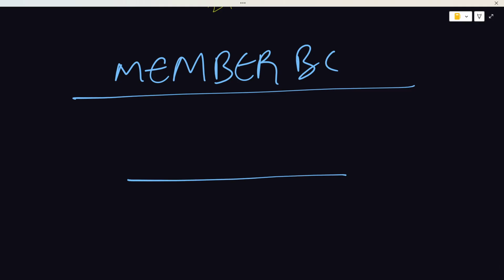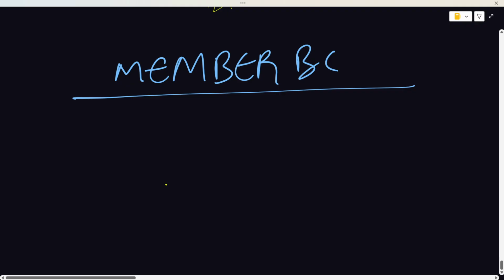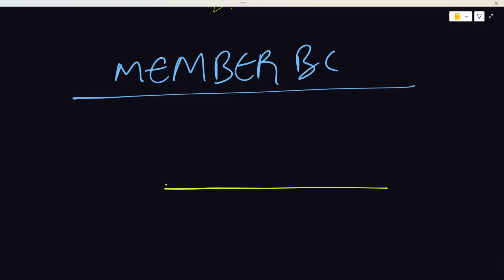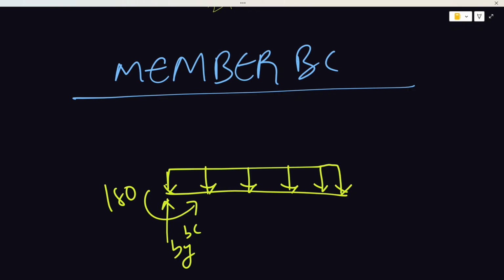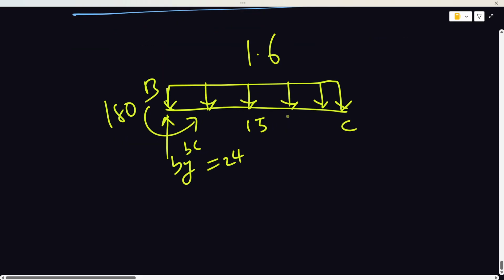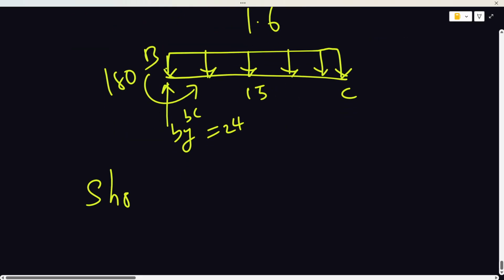This is it. So, shear force computation.